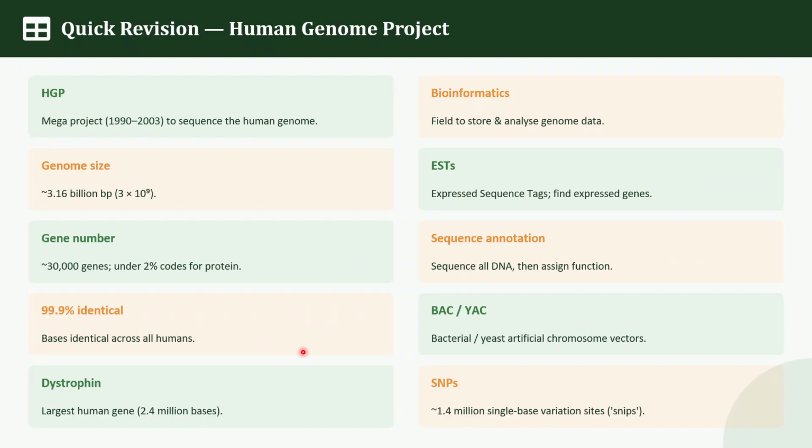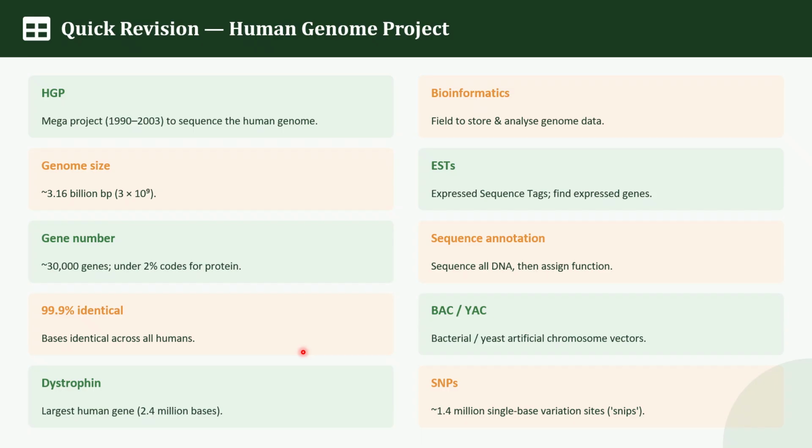So let's have a quick revision of this Human Genome Project. HGP is the Human Genome Project. It was a mega project to sequence the human genome. It was launched in the year 1990 and completed in the year 2003.